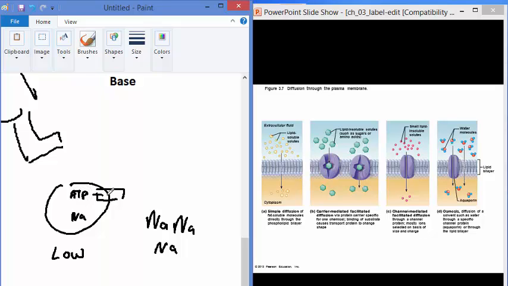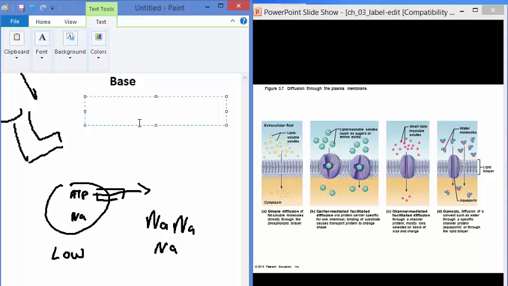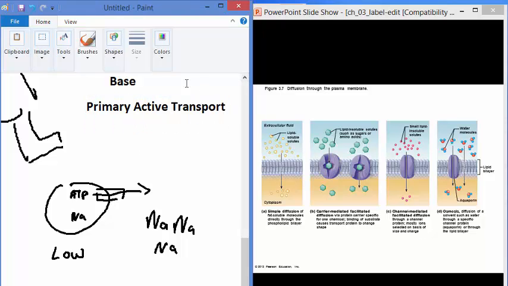This process is called primary active transport. Primary active transport is when you use ATP to take a substance against its concentration gradient. The main example of primary active transport is the sodium-potassium pump.